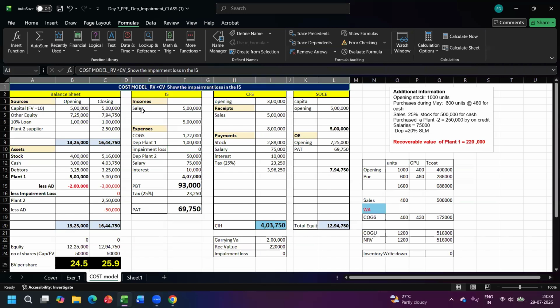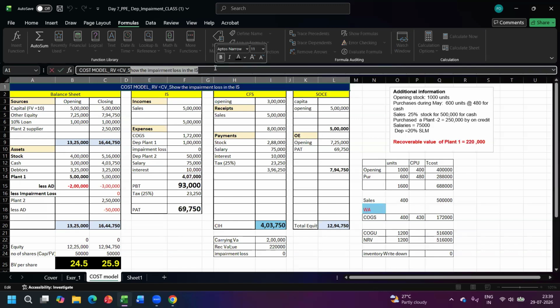So if you see, in a cost model, the recoverable value is compared with the carrying value. If the recoverable value is greater than the carrying value, there will be no impairment loss to be shown in the income statement. And there are no impairment gains to be shown also. So the revaluation gains are not recorded.